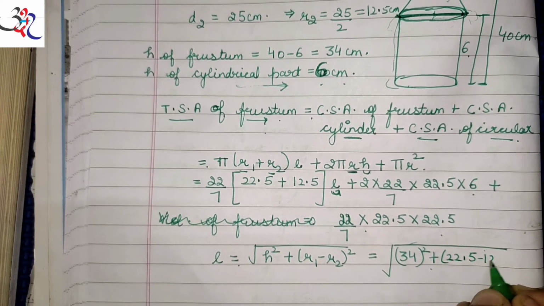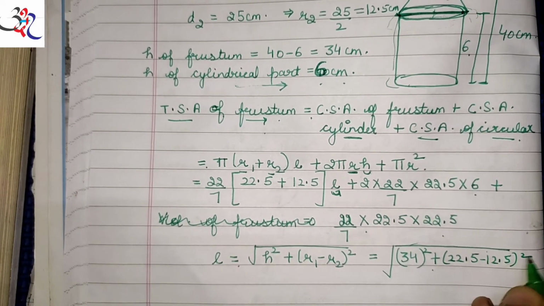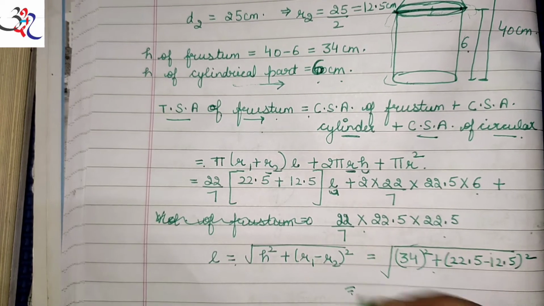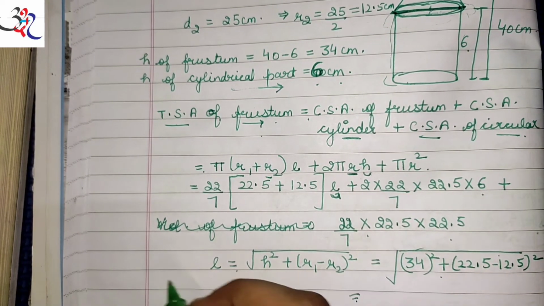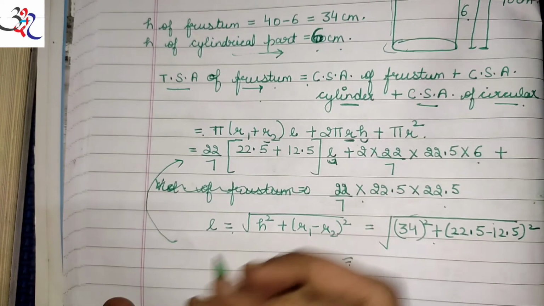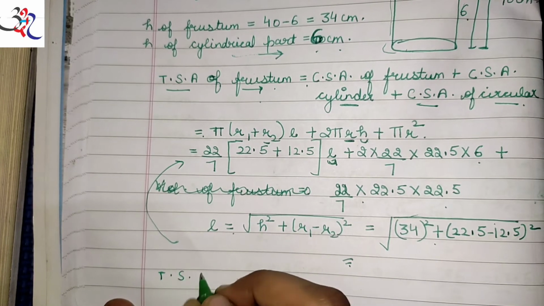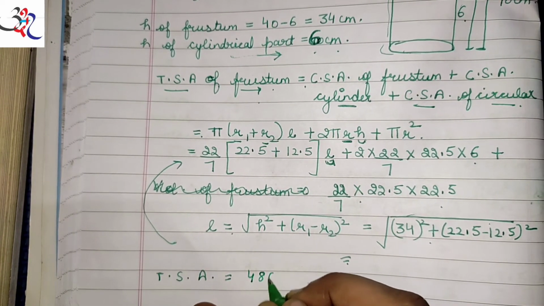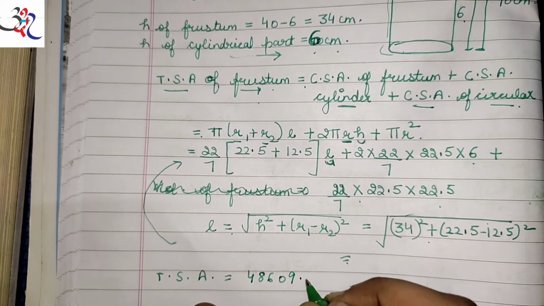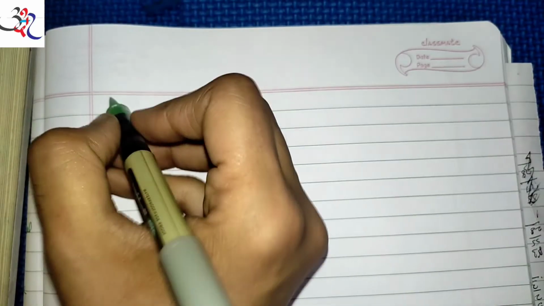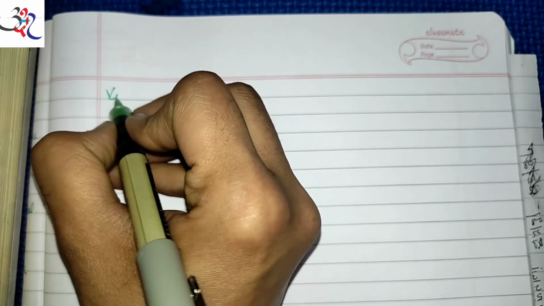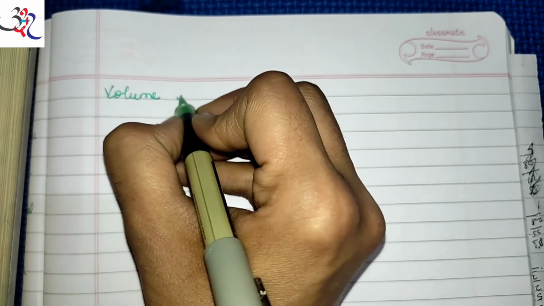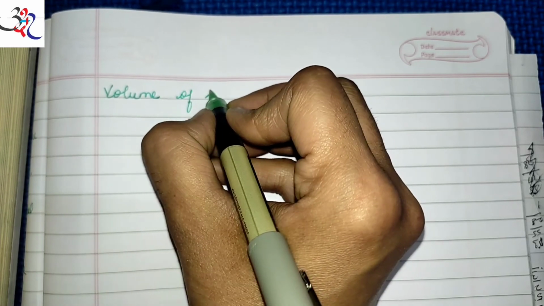So simply put your values. Once you find the value of L, you can directly put it in your formula of total surface area. Then you will get your total surface area equal to 486.9 centimeter square.